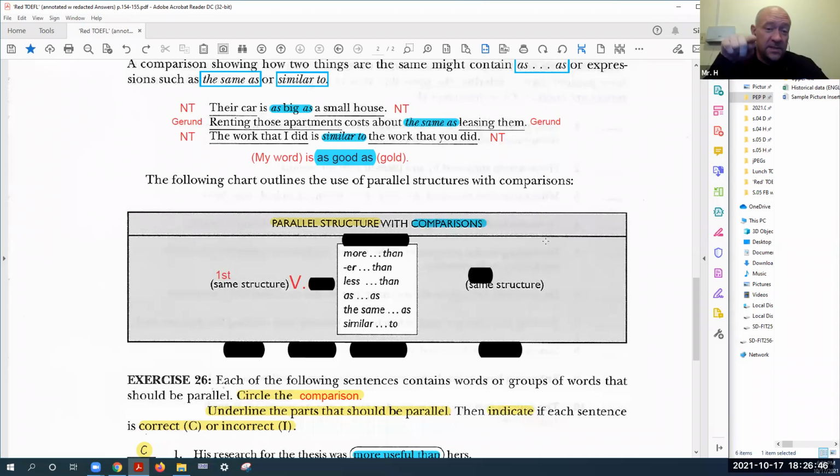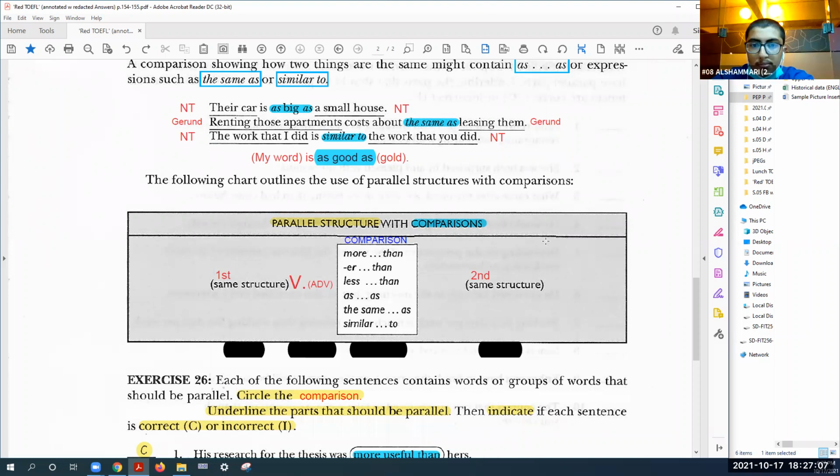Anybody? Khalid? Adverb. Adjective. Yes, adverb. But why are there parentheses? You see there are parentheses? It's optional. Bingo. Keep going. And we have comparisons on the second structure. There you go. How many structures do we have in this formula?